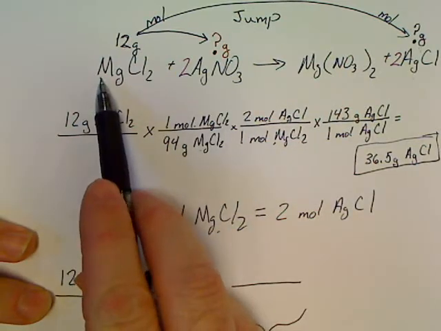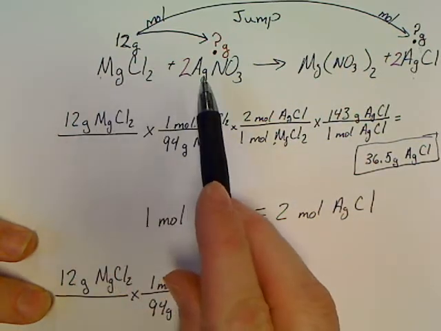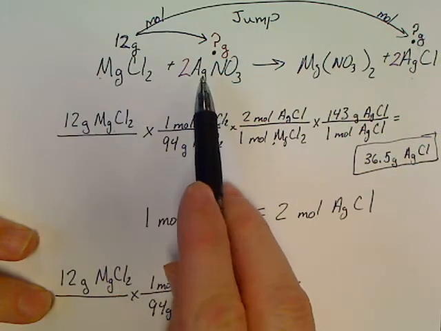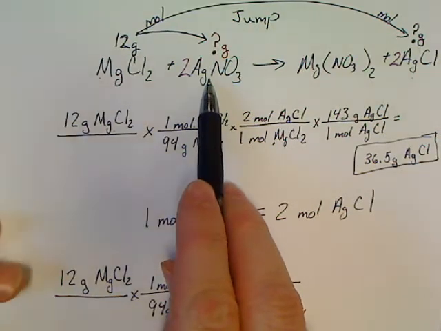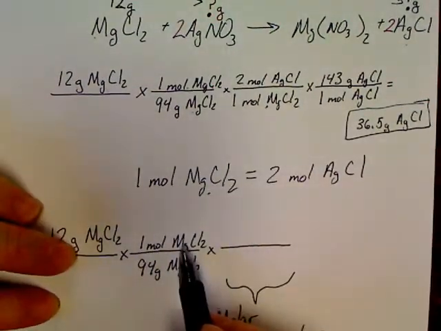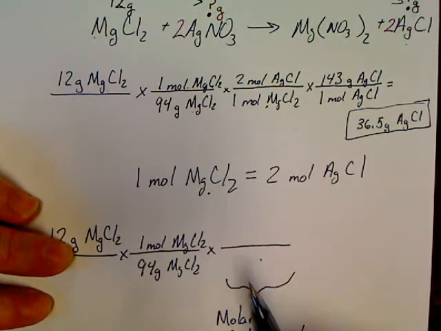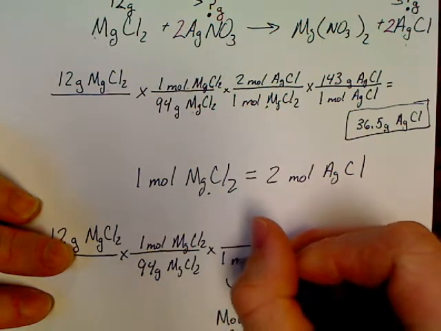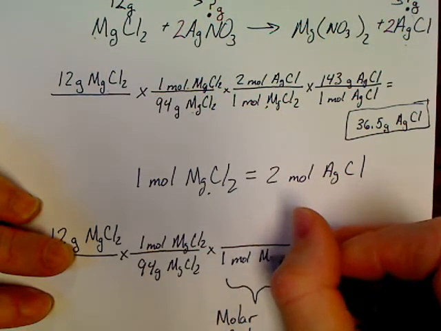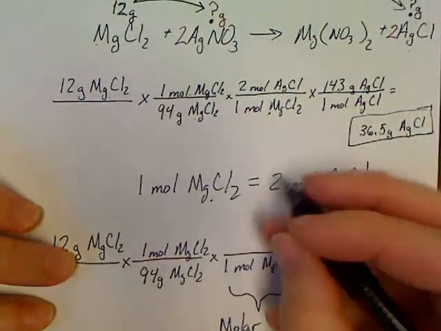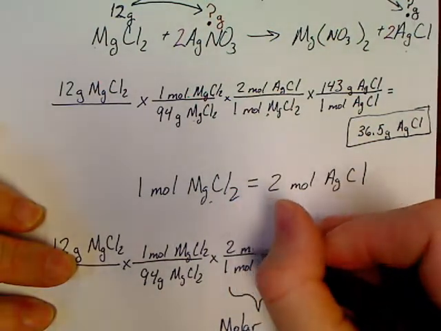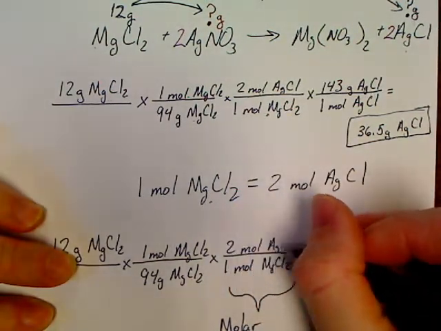For every 1 mole of MgCl2, I should make or need 2 moles of AgNO3. So MgCl2 is on top here, so MgCl2 needs to go on bottom next. So for every 1 mole of MgCl2, I need 2 moles of AgNO3.